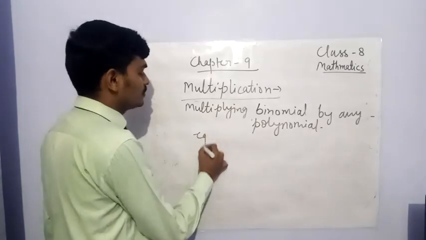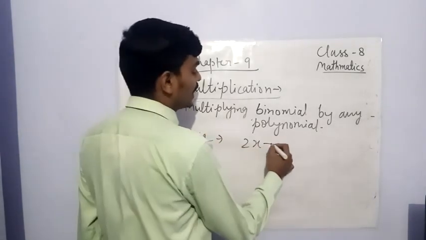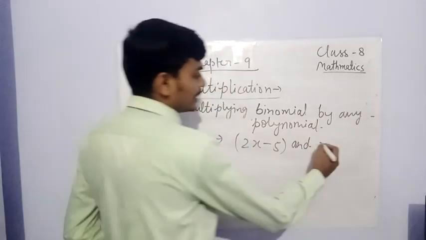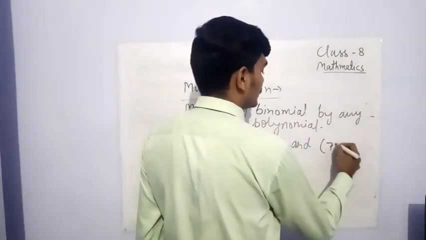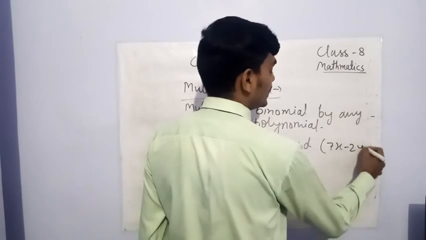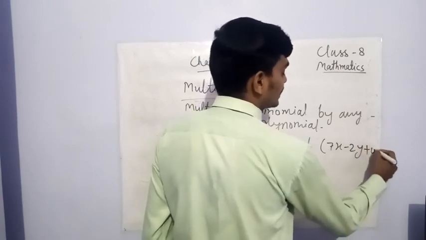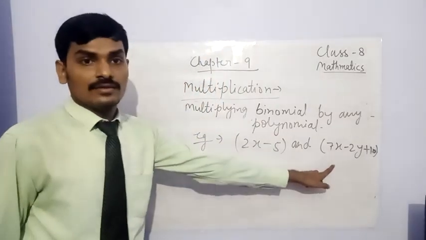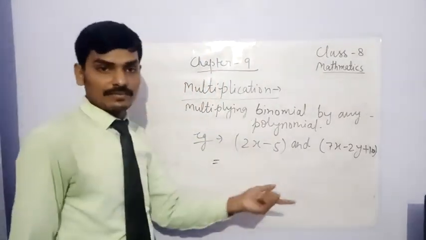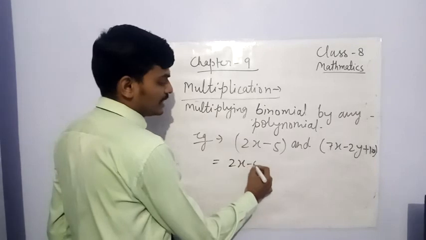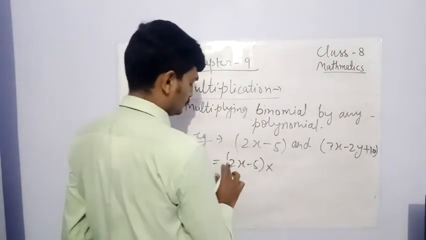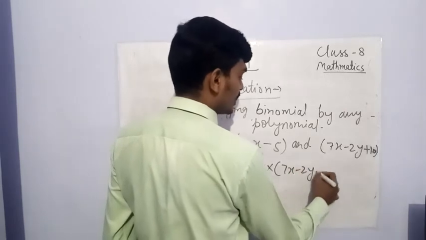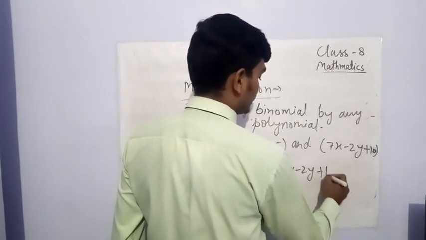For example, this is a binomial and you have to multiply it by any polynomial, that is 7x minus 2y plus 10. You have to multiply this. So how will we multiply it? 2x minus 5 into 7x minus 2y plus 10.